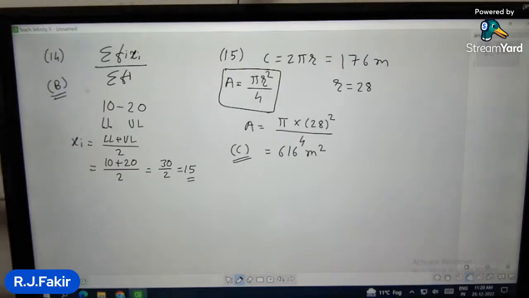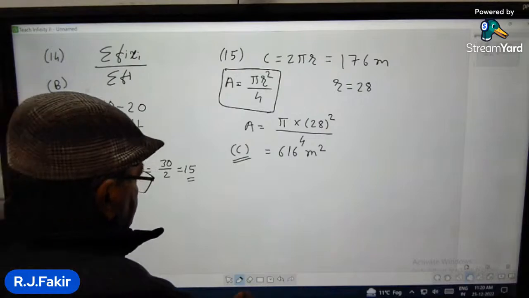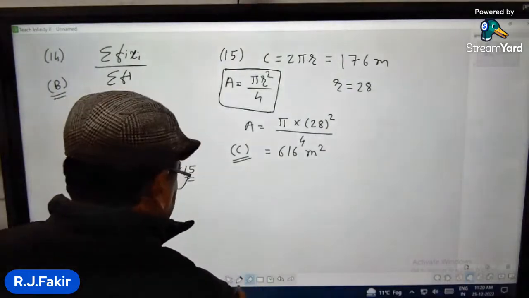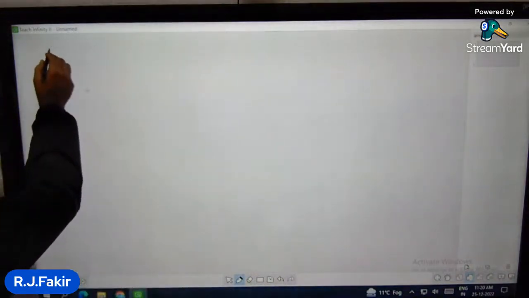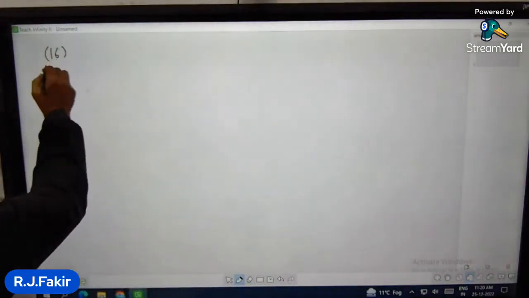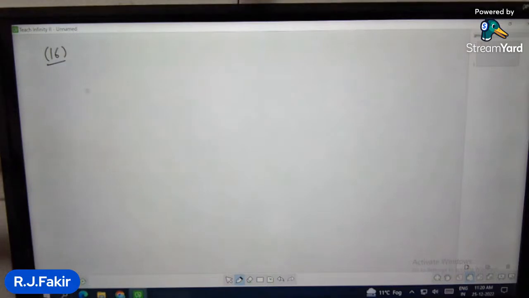There will be two questions based on probability in this section. So question number 16.